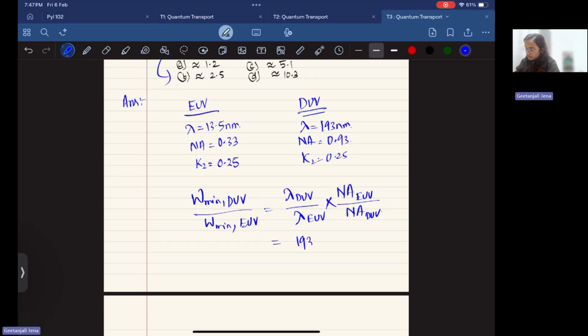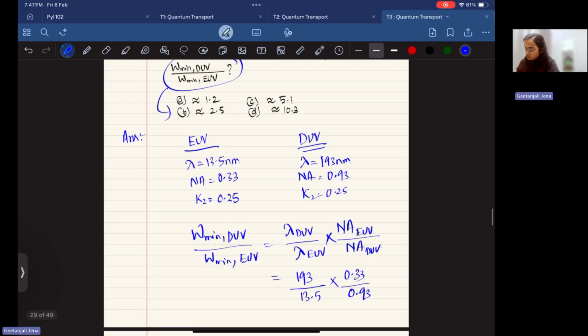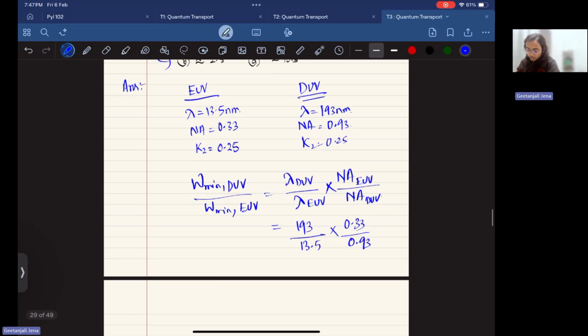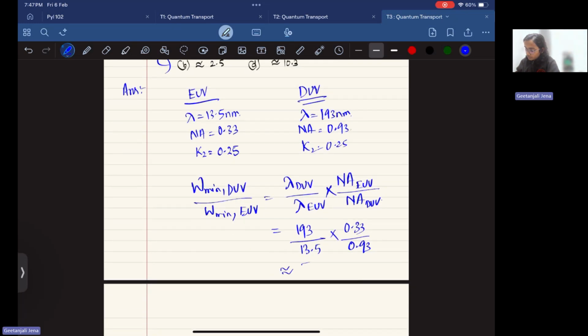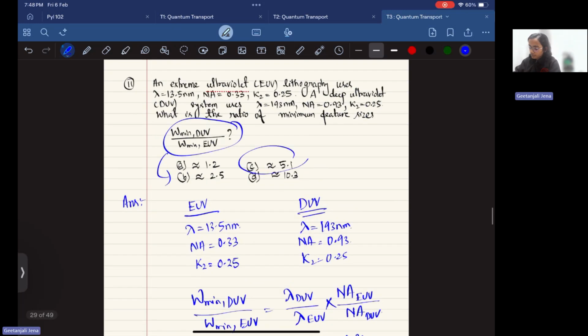DUV is 193 nanometer, EUV is 13.5 nanometer. Numerical aperture of extreme ultraviolet is 0.33, deep ultraviolet 0.9. So this will give a value of, I think, 5.1. Option C.